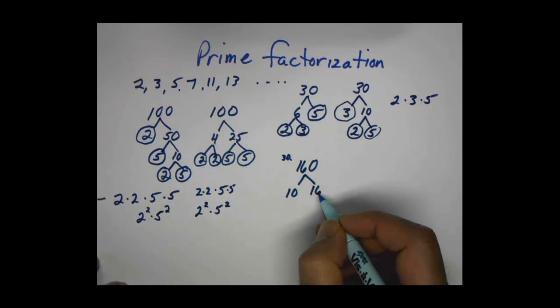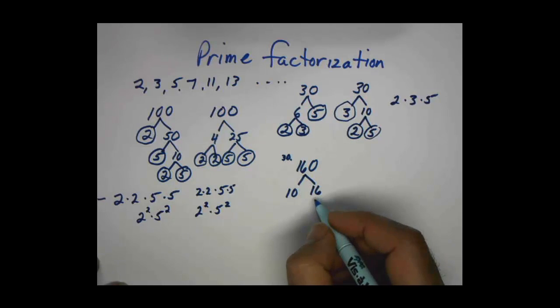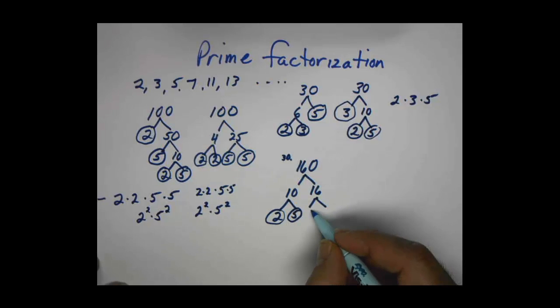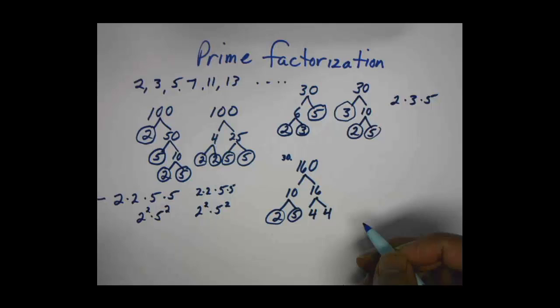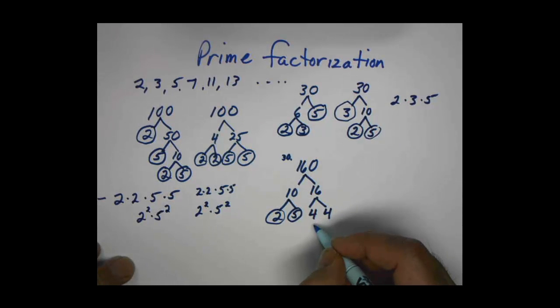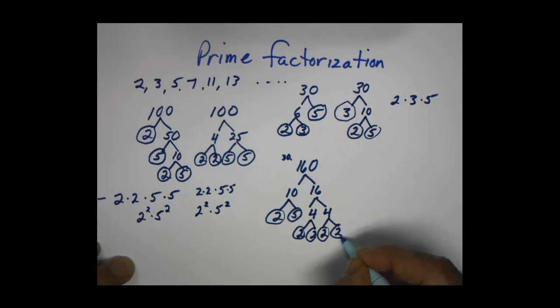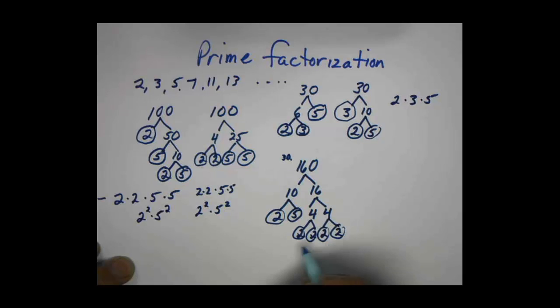Neither one of these are prime because they're both even numbers, therefore they're composites, so they get branches again. 10 is 2 times 5. They're both prime. They're going to get circled. 4 times 4 is 16. Neither one of those is prime, therefore they both get another branch. 2 times 2 and 2 times 2. All of those are part of the answer. They get circles. So I have 1, 2, 3, 4, 5 2's. 2 to the 5th times 5.